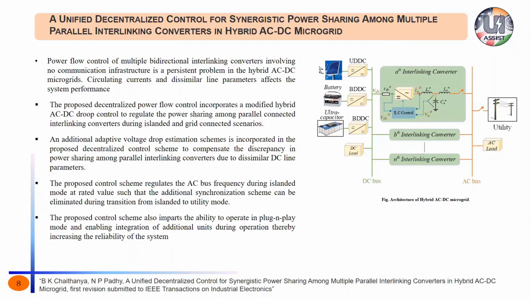if you consider a DC microgrid itself, here we have a PV connected to the DC bus through a unidirectional DC-DC converter, and we have a battery connected to the DC bus through a bidirectional DC-DC converter, and again the ultra capacitor. Basically, the battery maintains the DC bus voltage here.